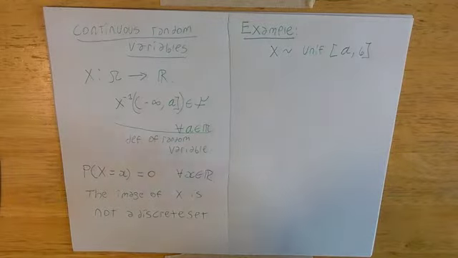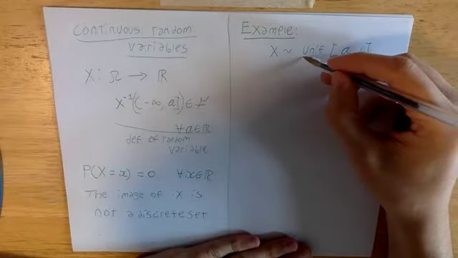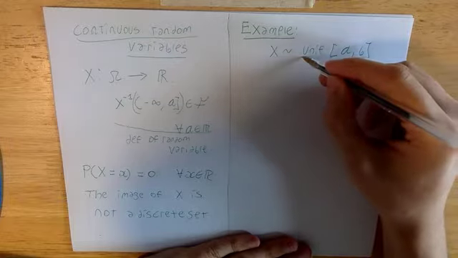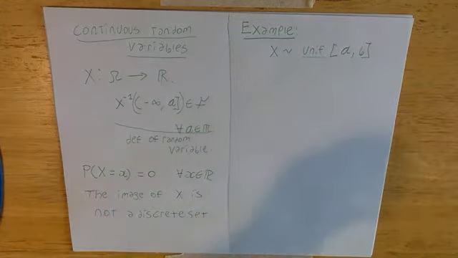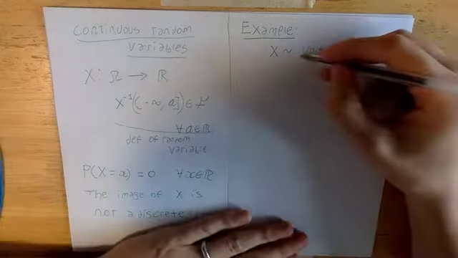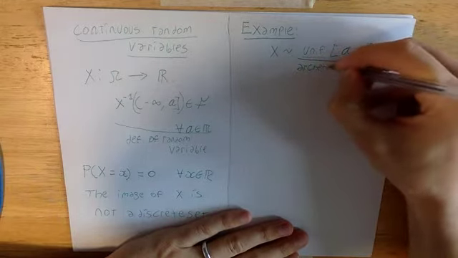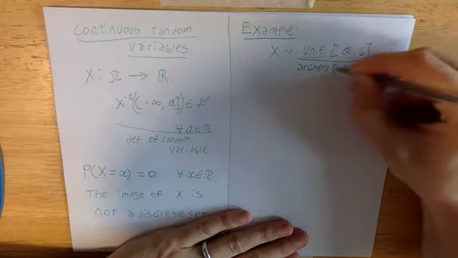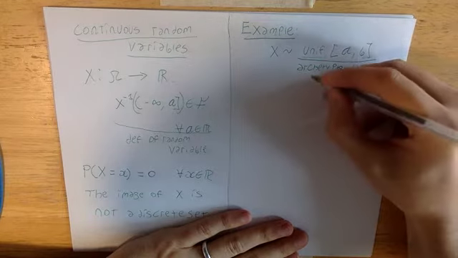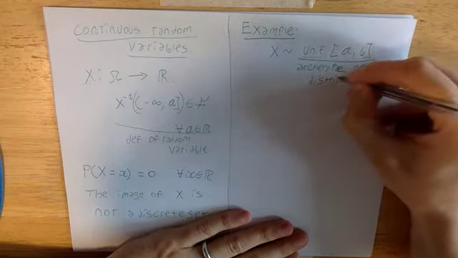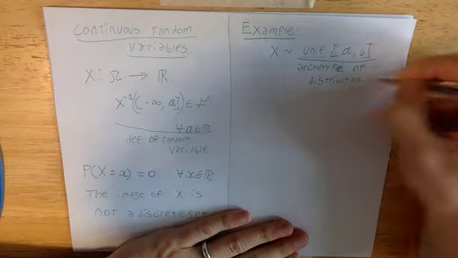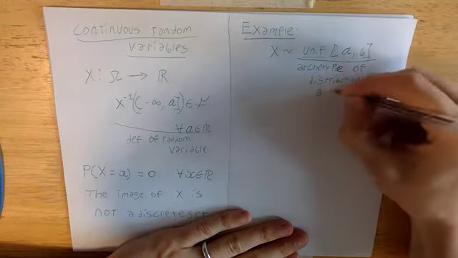So again, this would be like saying that this variable is like a Bernoulli variable, a geometric variable, exponential variable. So this is an archetype of distribution for a continuous random variable.